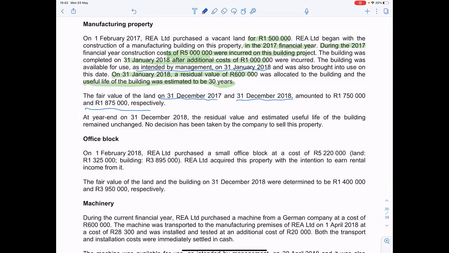But if they are shown at fair value, the fair value of the assets is going to be 1,750,000 and 1,875,000 for 2017 and 2018 respectively. So therefore, there is going to be a revaluation of the land in 2017 and 2018 if the policy of the entity is to show the assets at revalued amounts.